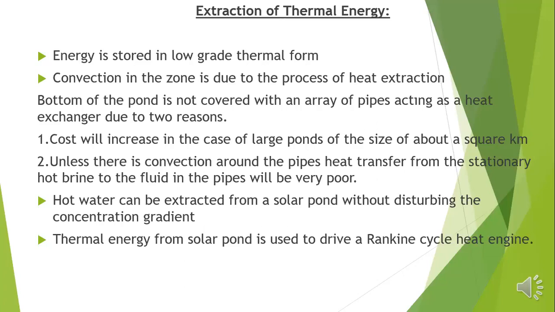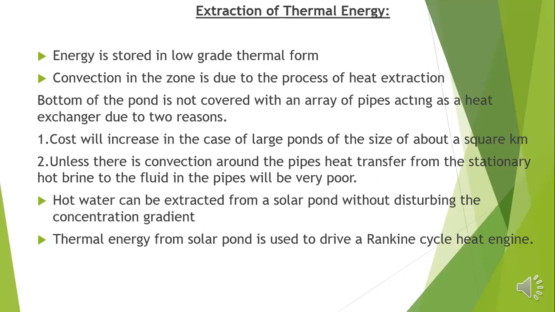That is, we have to make this adjustment without disturbing the non-convective salt gradient zone above. The non-convective zone should not be disturbed, but we have to do the work and extract the thermal energy for our production of electricity.